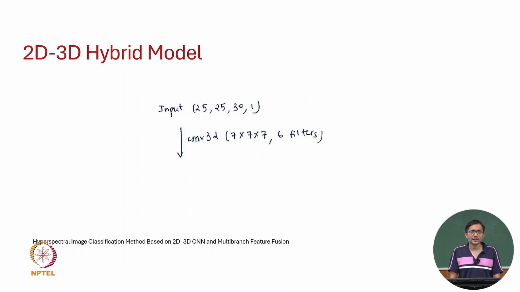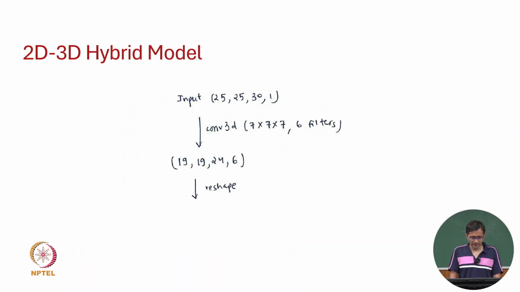So what we obtain from here is an output where the 25 becomes 19, so we have 19, 19, and the 30 becomes 24. So 19, 19, 24, 6. Why?